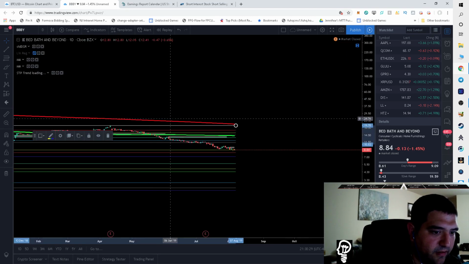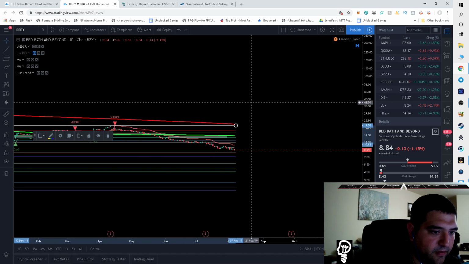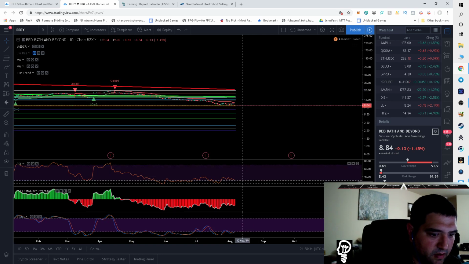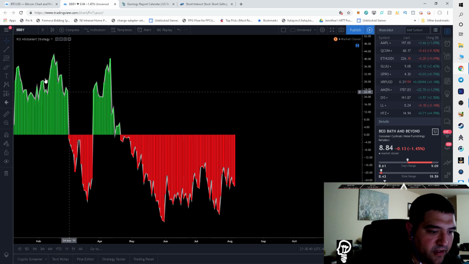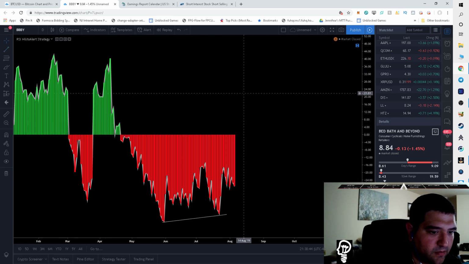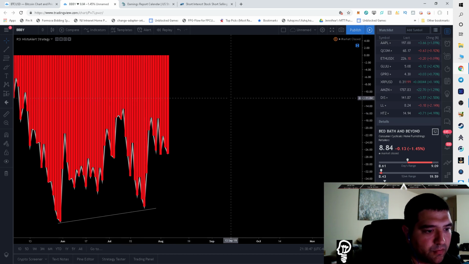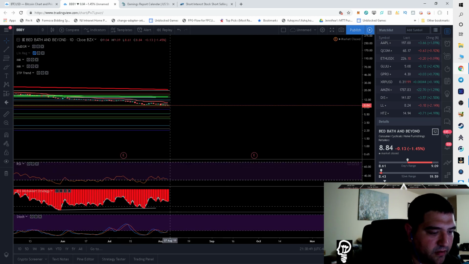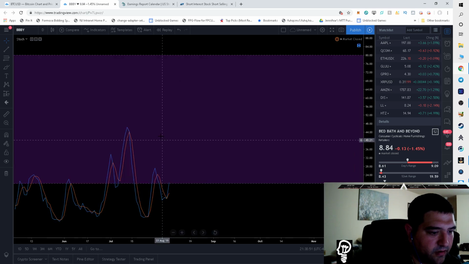Let's go to a daily and see what's happening here. We are making lower levels of negative momentum. I do see that we have some divergence here. But again, we're still making negative momentum, and we do have some oscillators.